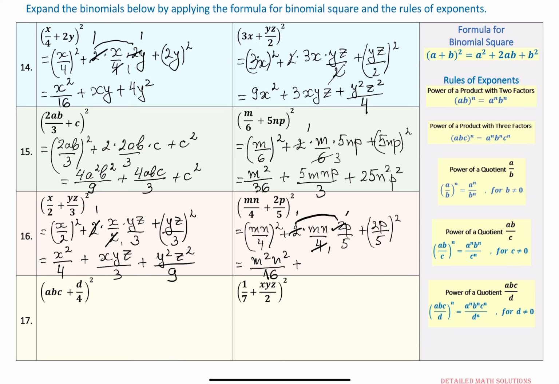Therefore, what we have left is mnp over 5 as our middle term, plus (2p over 5) squared is 2 squared, which is 4, p squared over 5 squared, 25.